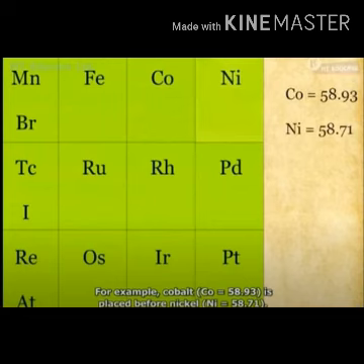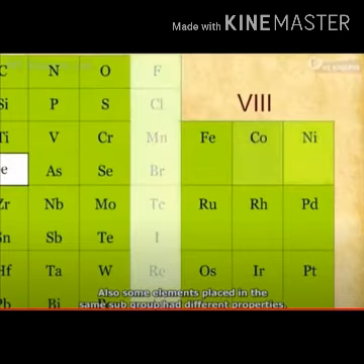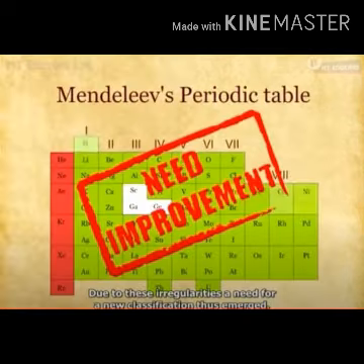Example, cobalt 58.93 is placed before nickel 58.71. Also, some elements placed in the same subgroup have different properties. For example, manganese Mn is placed with halogens, which are totally different in properties. Due to these irregularities, a need for a new classification thus emerged.